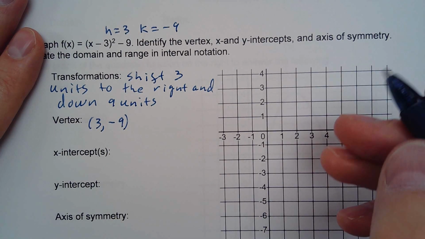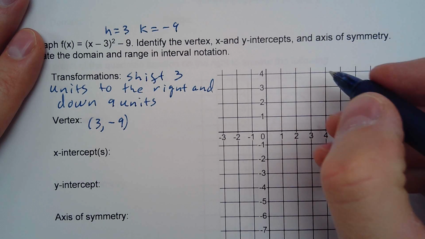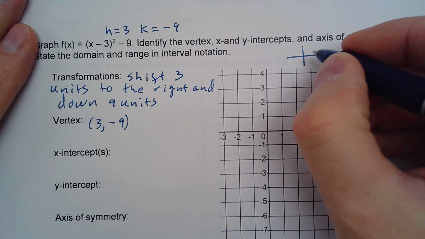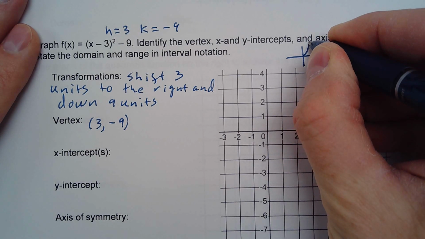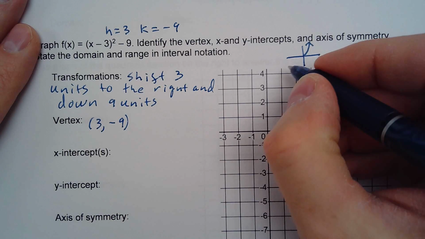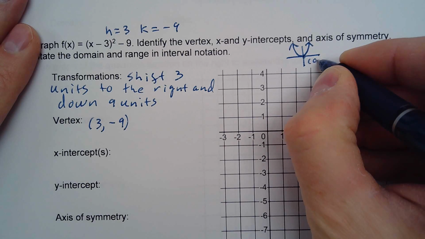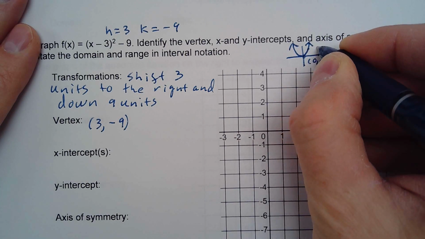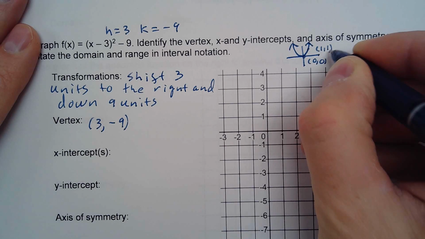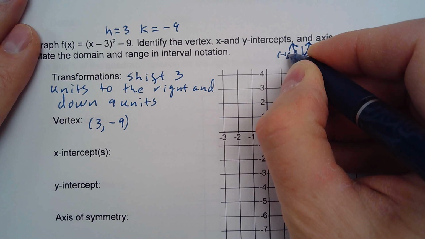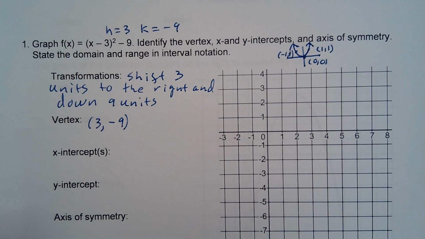So if you think about it in terms of graphing, let's kind of put this together. If I go back to my transformations, here's my parent function. And I've got these points here. And I'm going to shift them.